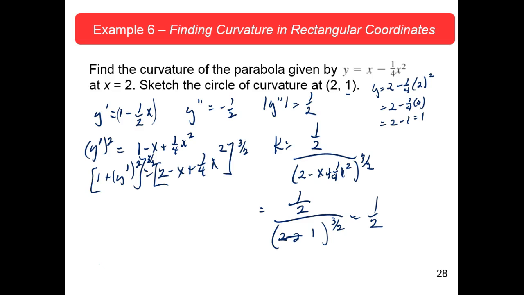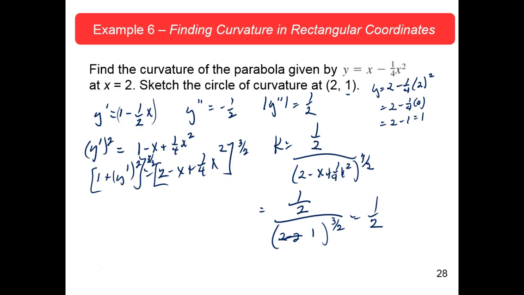If you go back to x equals 0, y is equal to 0, so it's going to cross the x-axis there. You go out to 4, 4 minus, and then 4 squared is 16, and 1/4 of 16 is 4, so that's going to be 0. That lets you know this is indeed the vertex.